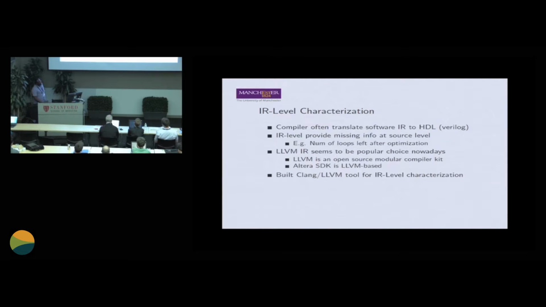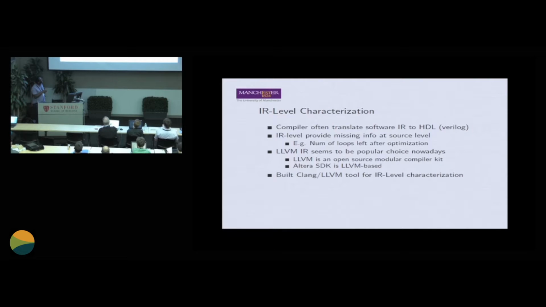We also did characterization at the intermediate representation level. Most OpenCL to FPGA compilers we've seen do the actual translation from software to hardware at the intermediate representation level. So for example, LLVM intermediate representation is low level enough that you can almost map it one-to-one to hardware structures. So we also did characterization at this level.